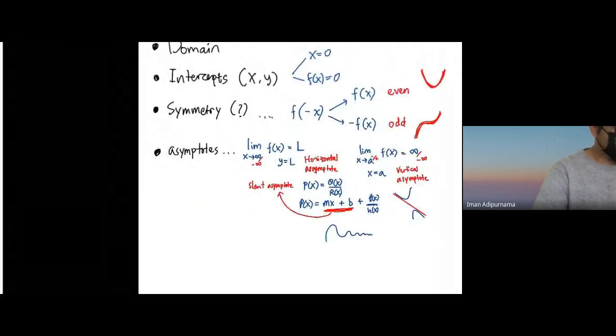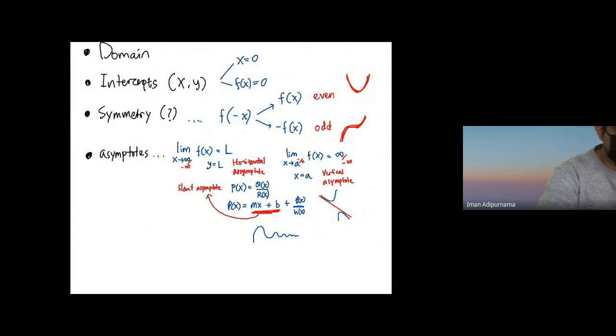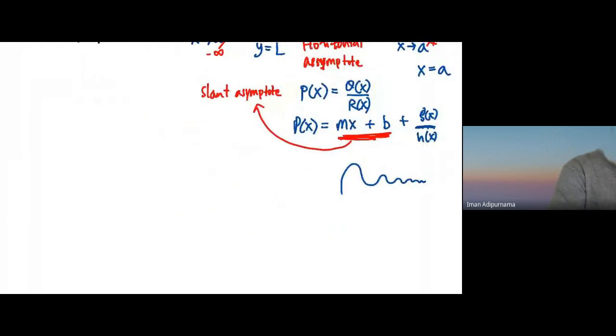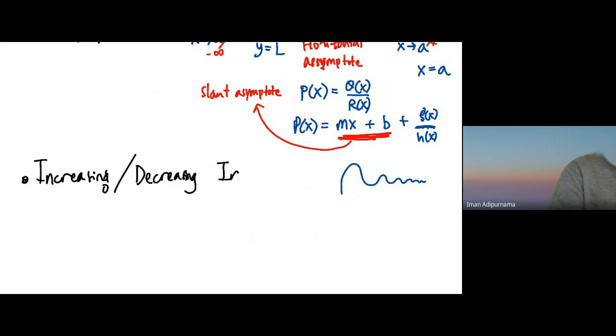Okay, so domain, intercepts, symmetry, asymptote, and then number 5 is increasing or decreasing intervals.